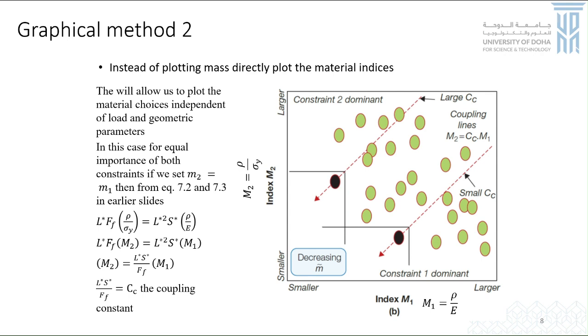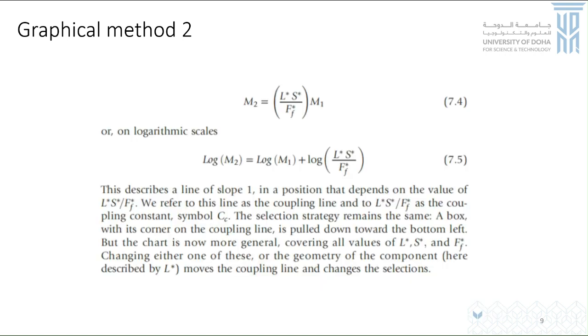Okay. Now, if you are going to plot this on CES, you need to remember that the CES plots are log-log. Just like I showed in that example when I was plotting those material indices, to determine the slope of the line, you have to take the log on both sides. So in this case as well, if you take the log of M2 and say it is equal to log of M1 plus log of this coupling constant, that log of coupling constant will still be a constant, right? And therefore the slope over here is simply 1. Okay.